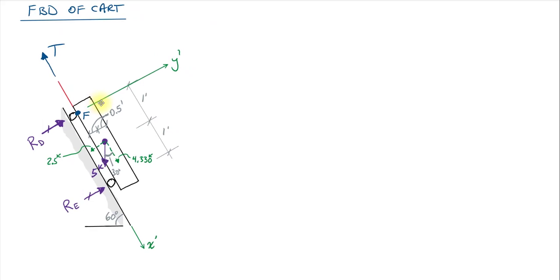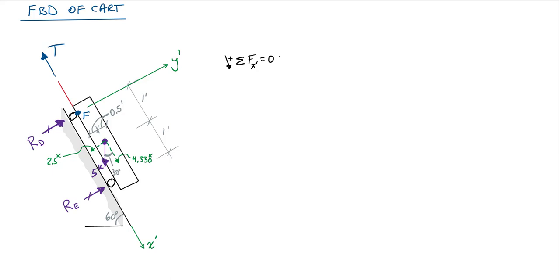So let's do that. We've got x prime, y prime, and the moment about the z in any direction. So let's do that x prime direction. I'm going to say sum of forces in the x prime, and I'll say the positive x prime direction, pointing down and to the right, is positive, equals 0. So then what do I have? Well, the only things I have are the 4.33 kip force and the tension here.